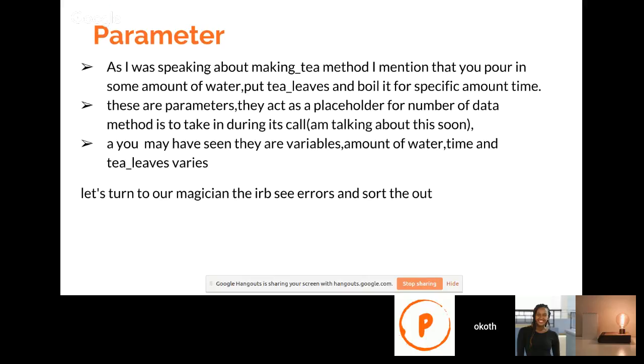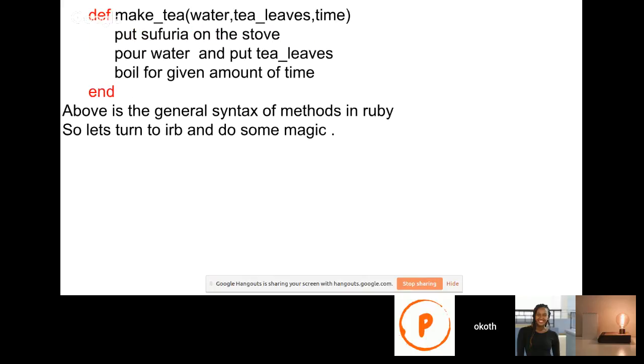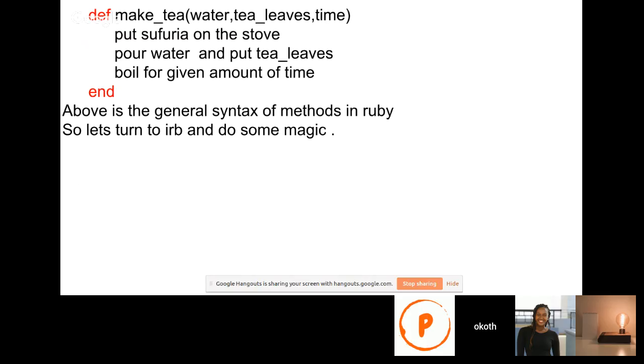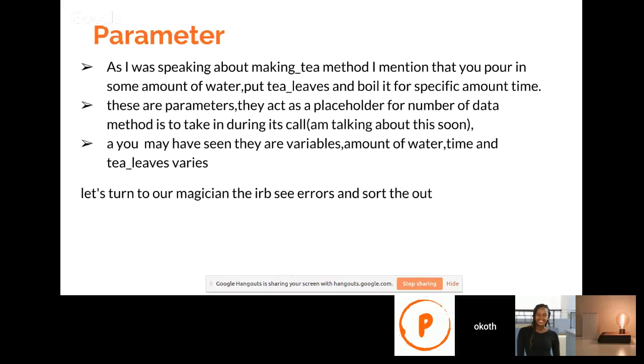Unless there's a question, I'm going to parameters. I'll be speaking bit by bit as I dissect whatever I've just written. As I was speaking about making tea, the make tea method: you pour in some amount of water, put tea leaves and boil it for a specific amount of time.